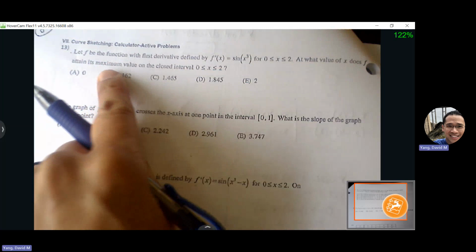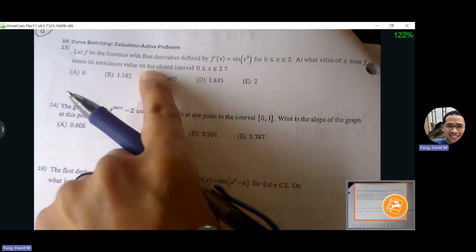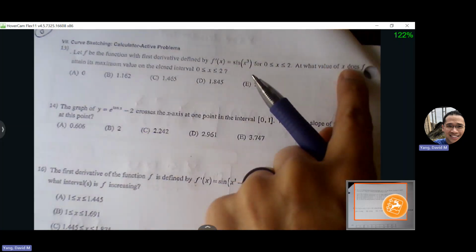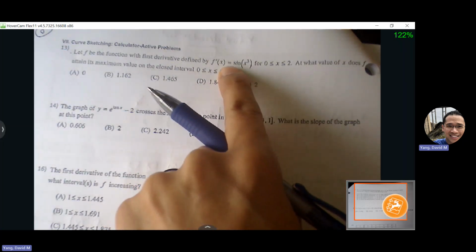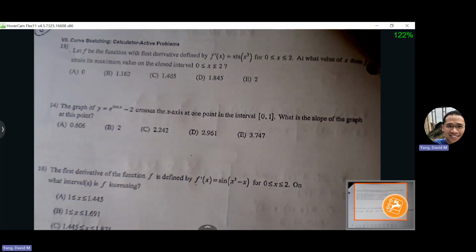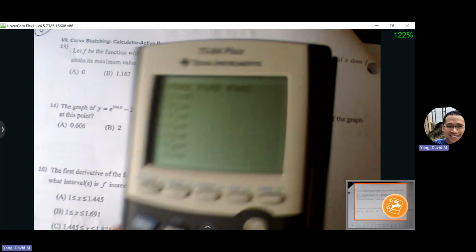At what value does the graph have a max value on the closed interval from 0 to 2? Or where does the graph of f have a max value? So we're not looking for a max value of f prime, we're looking for a max value of f. But we can still graph f prime and then see if we can interpret where our relative max will be.